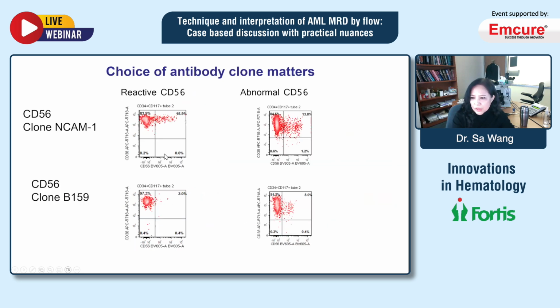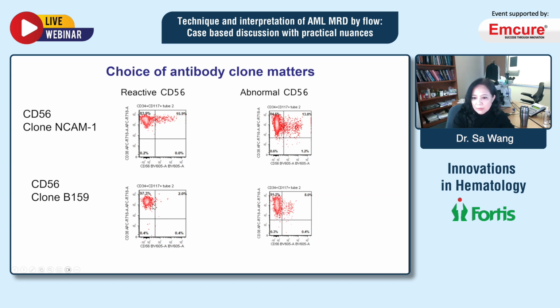And also the reagent is quite important. This is the one commonly used by a lot of people, CD56 clone. If you see this is reactive, and this is neoplastic, like CD56. Same case, we use another clone.